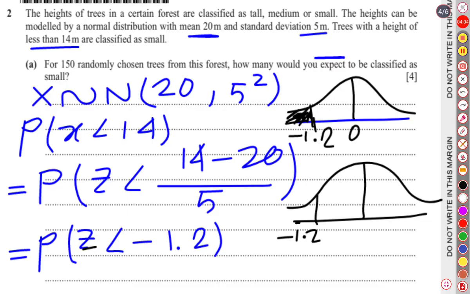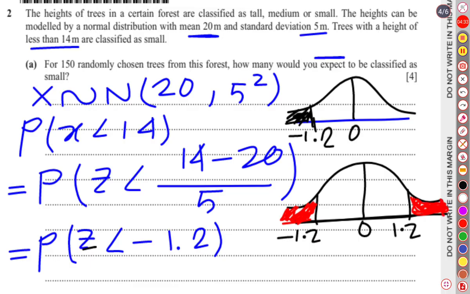And as the normal distribution graph is always symmetrical, this portion here will be 1.2, and our necessity of probability is this region. Definitely this region and this region will be exactly the same, because the normal distribution curve is symmetrical.